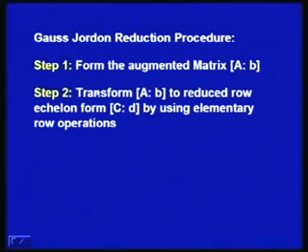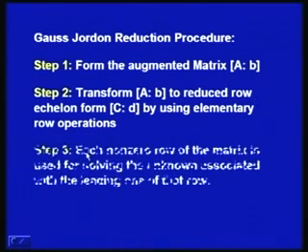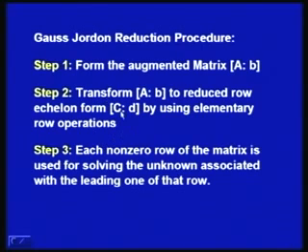That method transforms the equation into row echelon form, but not reduced row echelon form. So, this matrix CD is unique in this case. In the previous case it may vary depending upon the type of operations you apply. Then once we obtain the reduced row echelon form, this can be used for solving the system of equations.